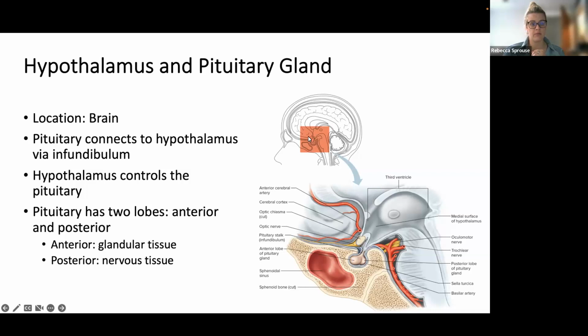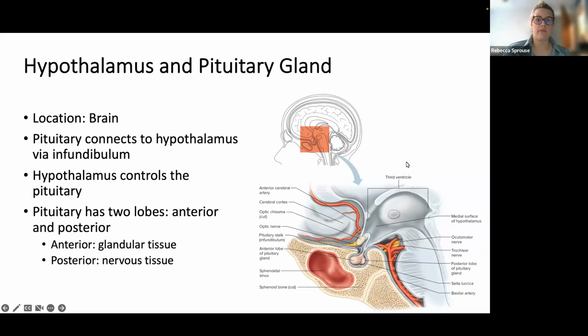So the brain goes about like that, and the pituitary gland kind of dips down below the brain a little bit. And remember that the pituitary is connected via a stalk, pituitary stalk, or you can call it the infundibulum here. There's two lobes. There's an anterior lobe and a posterior lobe. So anterior would be towards the face. Here's the nose. The posterior would be towards the back.